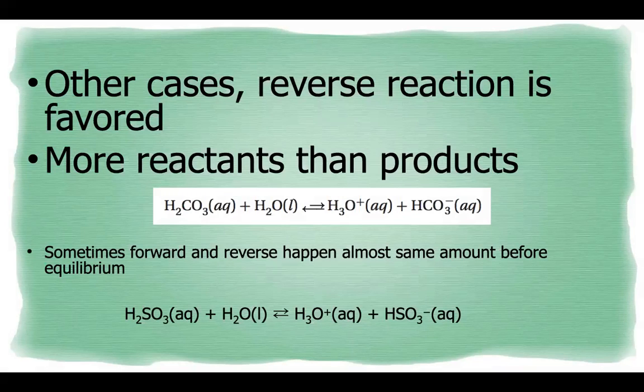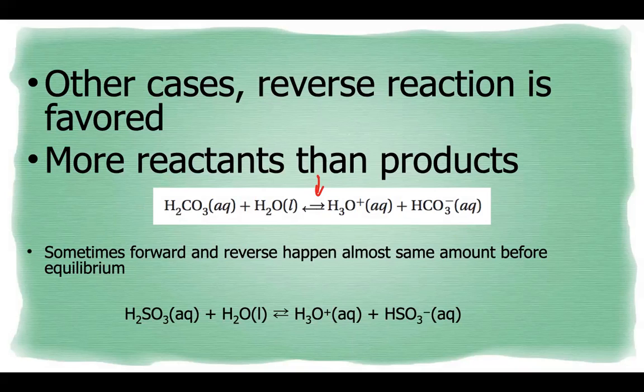In other cases, the reverse reaction is favored. So at equilibrium, there will be more reactants than products. This is why I said it's really important that you understand that equilibrium does not mean that the concentration of the reactants equals the concentration of the products. It's about the rate of reaction. Now, using the different size arrows doesn't mean that one reaction happens more than the other one.